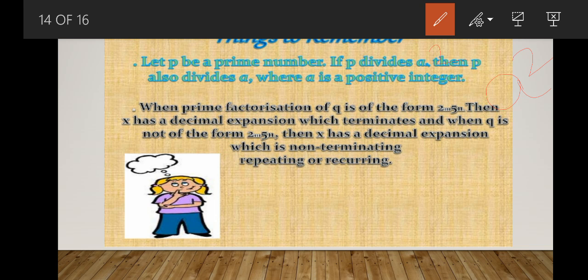And the second point: when the prime factorization of q is of the form 2 to the power m and 5 to the power n, then x has a decimal expansion which terminates, and when q is not of the form 2 to the power m and 5 to the power n, then x has a decimal expansion which is non-terminating, repeating or recurring.